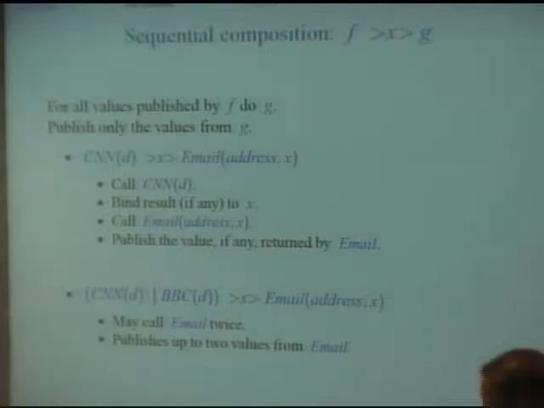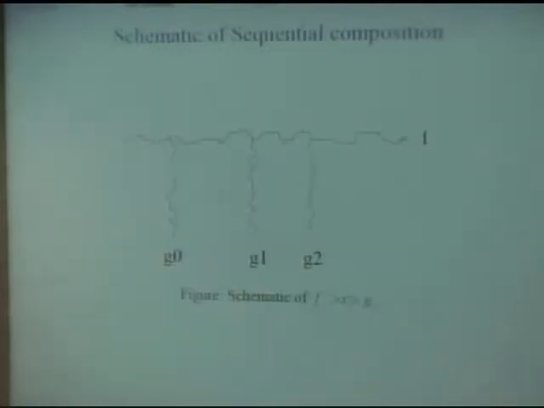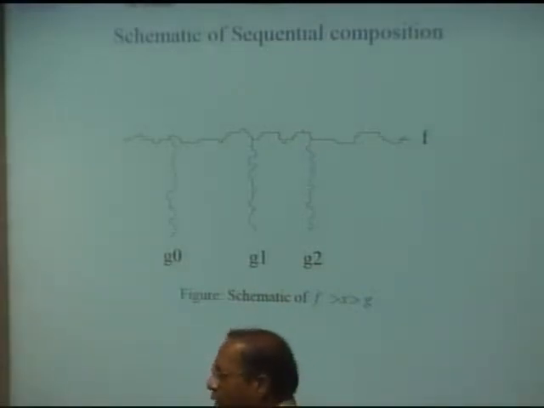That's the idea. So actually, this is a much better thing to show. Here on the red line is an execution of f. And these are the points where f is publishing a value. And each time it publishes a value, we bind that to x and start a new copy of G. So G0, G1, G2. So at this moment, we have 3 copies of G running concurrently along with f.